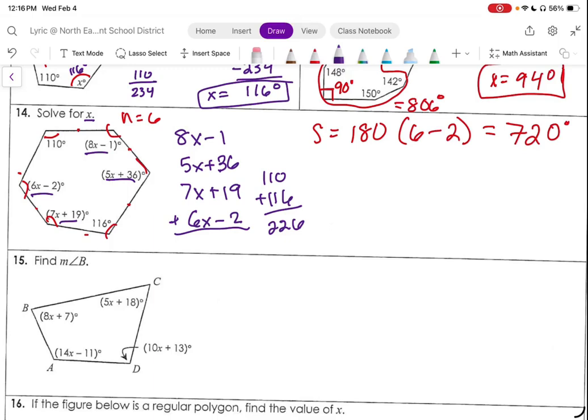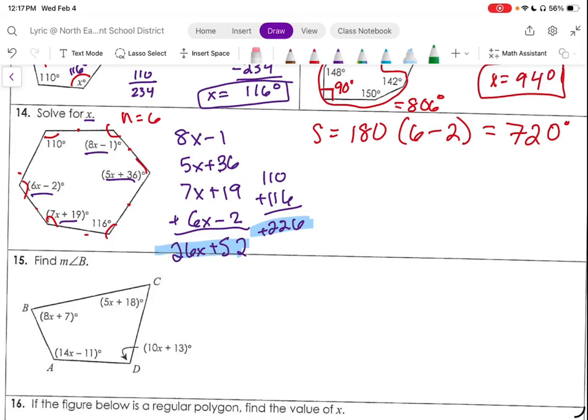We got 36 and 19 minus 3. That's leaving us with 52. And 6, 7, 5, and 8, 26x. All right, so we're going to take these pieces of information. We can add the 52 and the 226 to get 278.